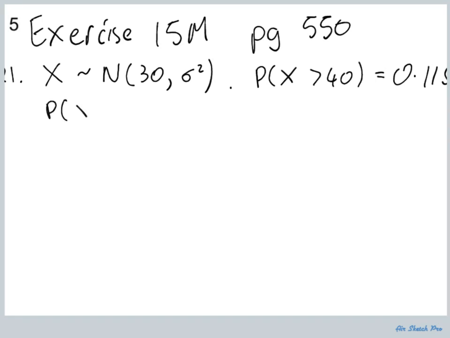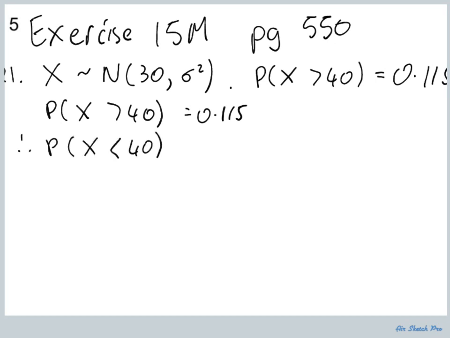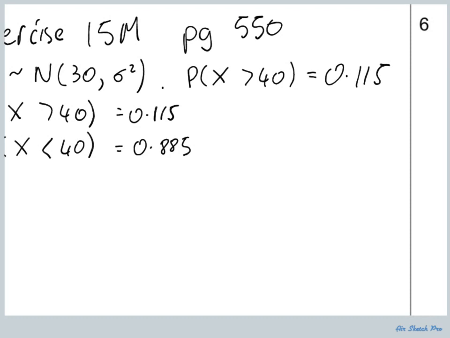The probability that X is greater than 40 we can't deal with, but we do know that the probability of X less than 40 must be 1 minus 0.115, so it's 0.885. That's the complement.